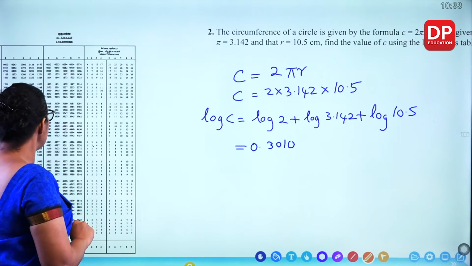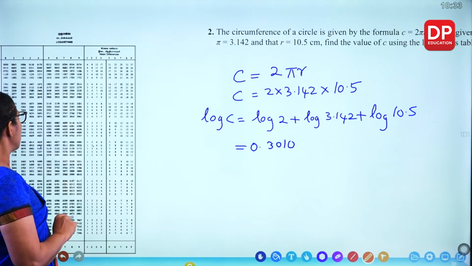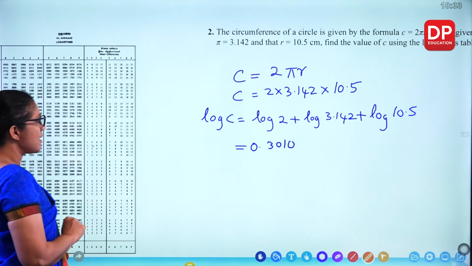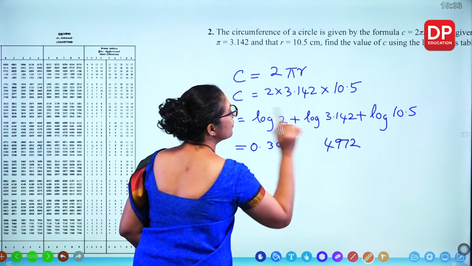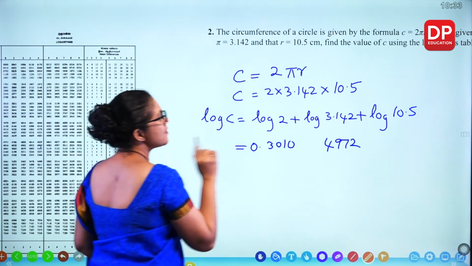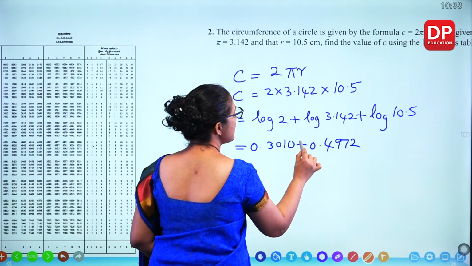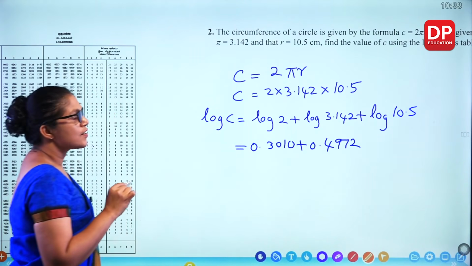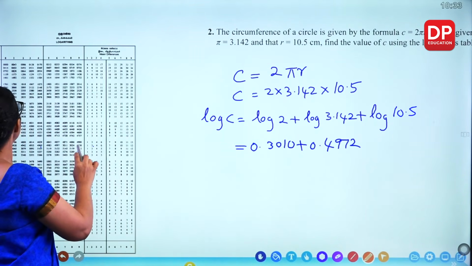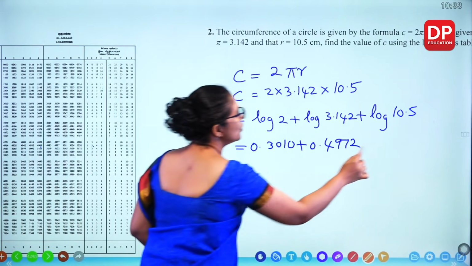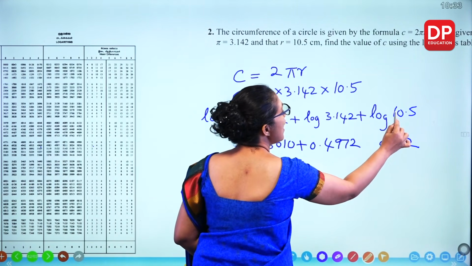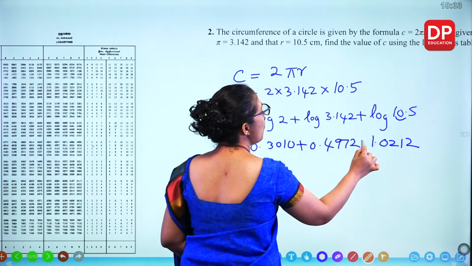So you are adding 3 to that, 49, 72. And this is 0.4972. The characteristic is 0. Then the next one is 10, 5. You get 0212 and the characteristic is 1.